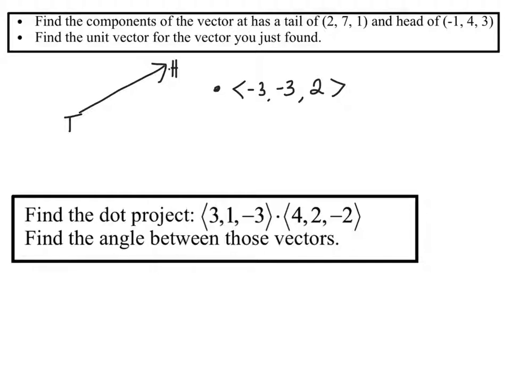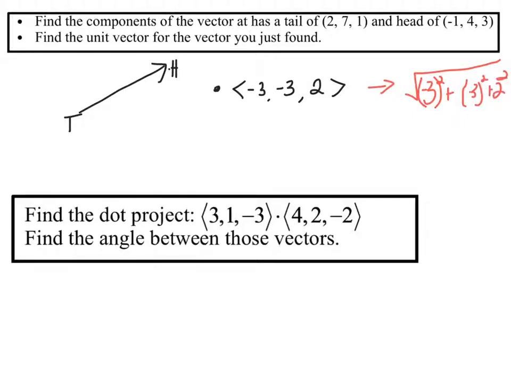Now it says find the unit vector for that. Well, we need the magnitude of this vector, so I'm just going to write the magnitude will be the square root of -3 squared, -3 squared, and 2 squared.